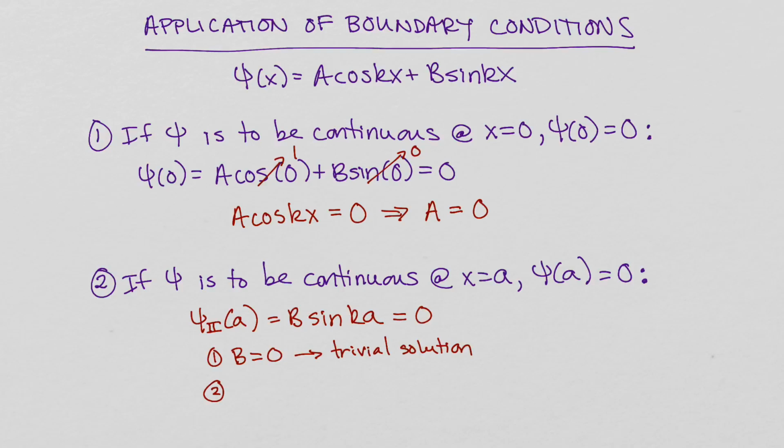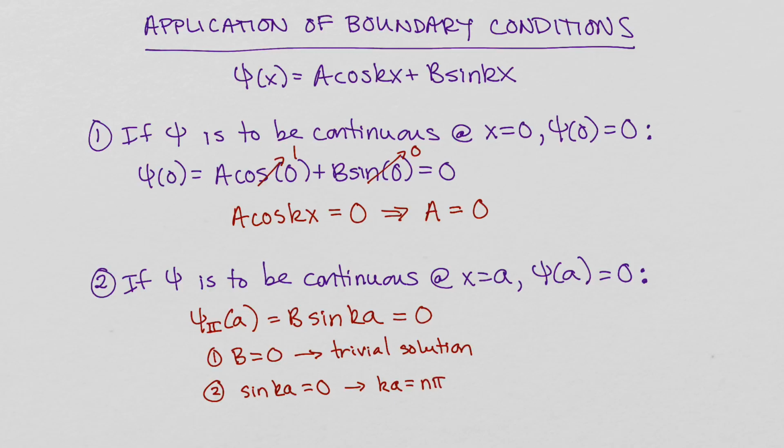The other option is to have the sine ka part of our expression equal 0. Okay, that would also work for us. All right, and it turns out that that is true if ka is equal to integer values of pi.